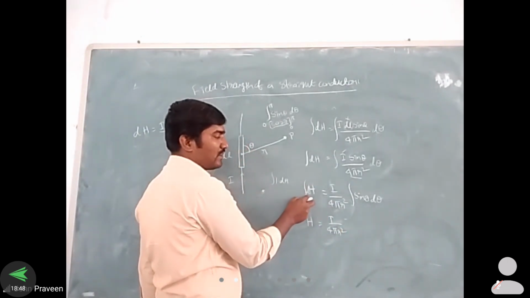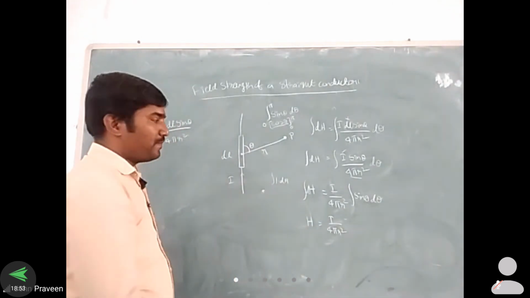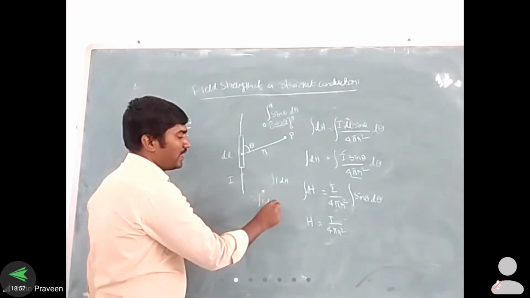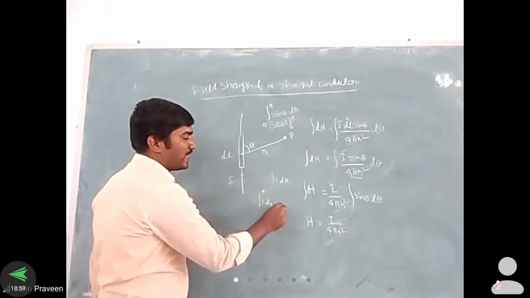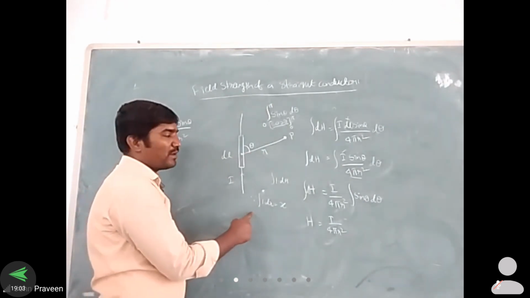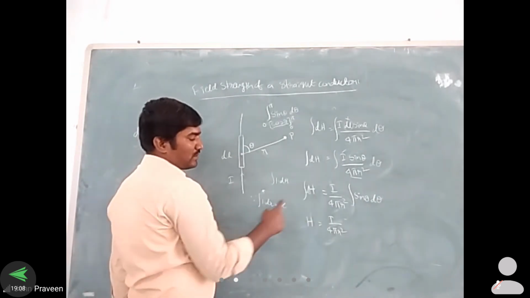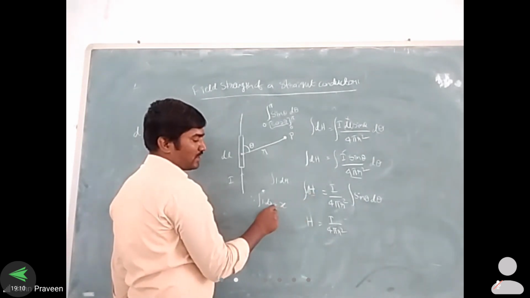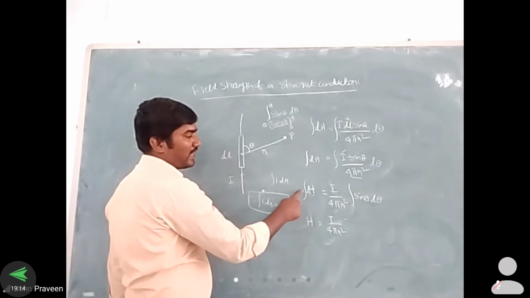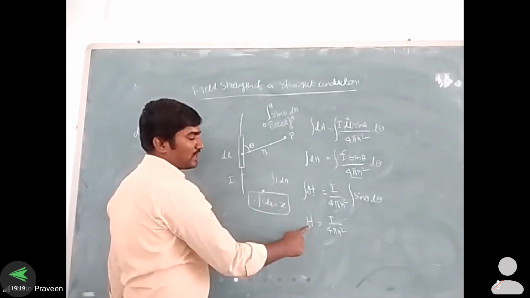Integral of 1 dx is x. This is the basic formula. If we apply this formula here, instead of dx we have dh, so instead of x we have h. According to this formula, if we apply integration, 1 into dh is equal to h.